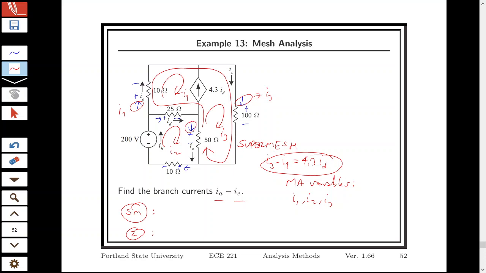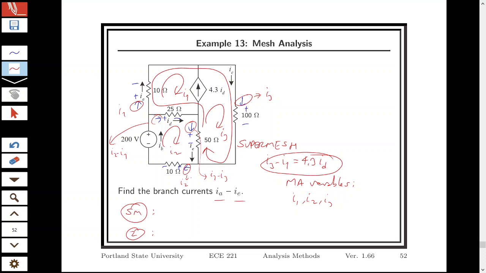This current is I2 minus I3. This current is I2 minus I1. Okay, and this current is I2. Okay, so those are the currents in terms of mesh currents on the resistors, right?